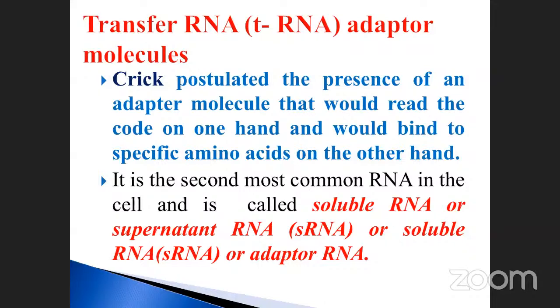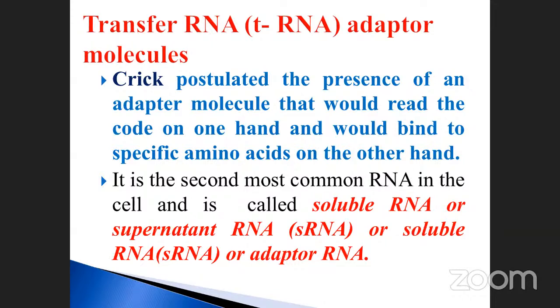That's why it is called an adapter molecule. The tRNA has 5 arms.